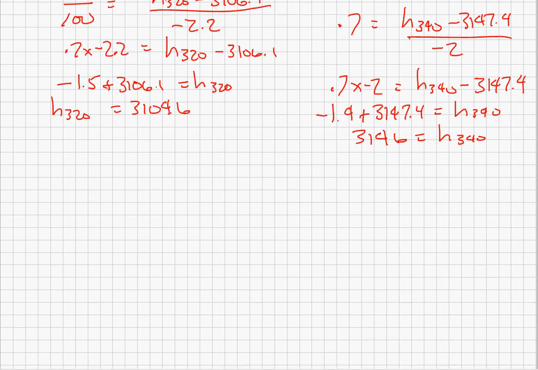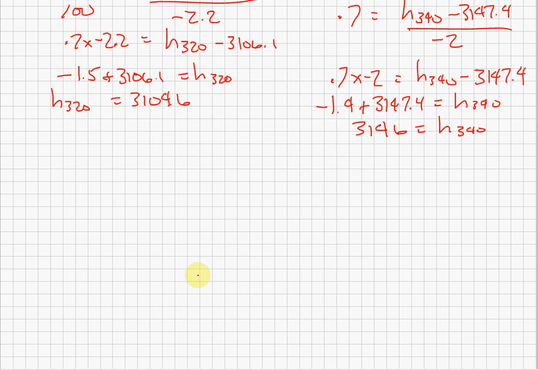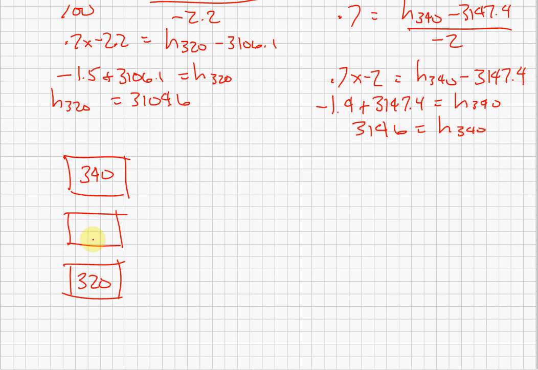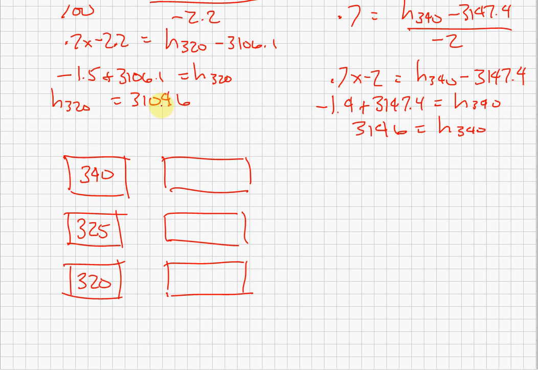Now I have to do the interpolation in between for the temperature. And so I'm going to draw the boxes once again. And this time things are going to change a little bit. I have a 340, I have a 320, and I have a 325. And now my values in the other boxes are going to come from the values that I have just calculated in the first part of the interpolation.